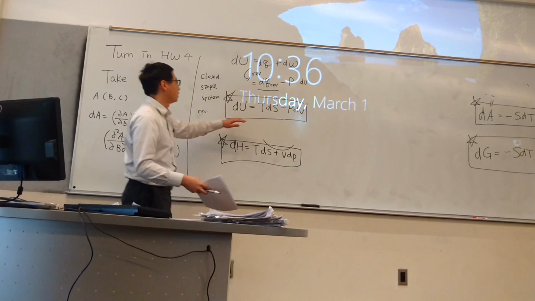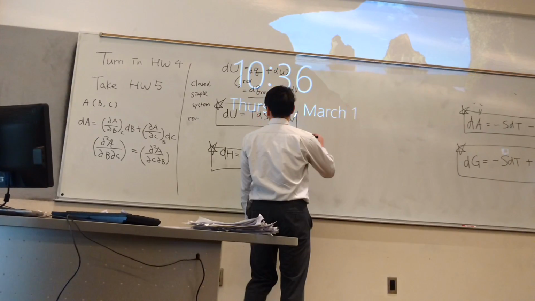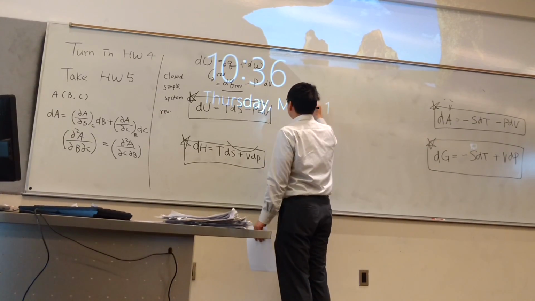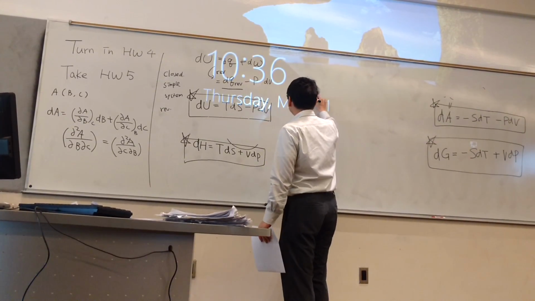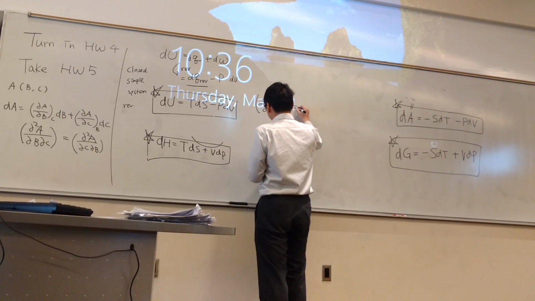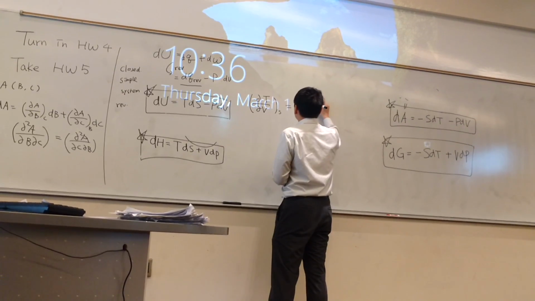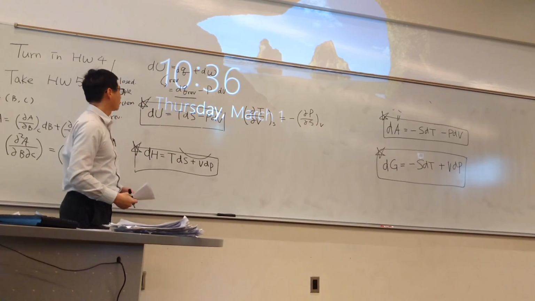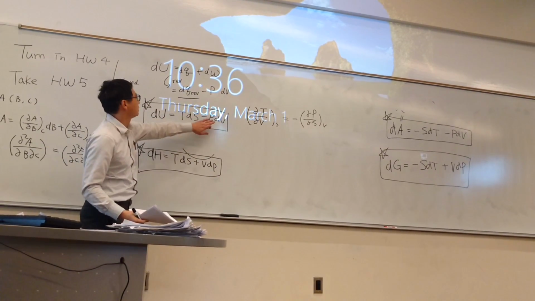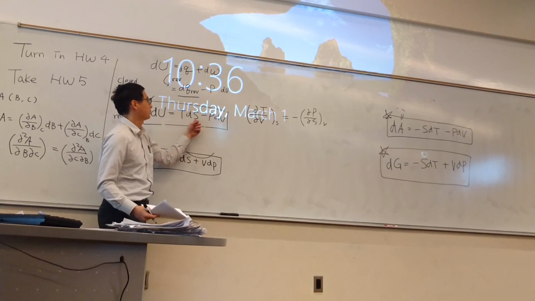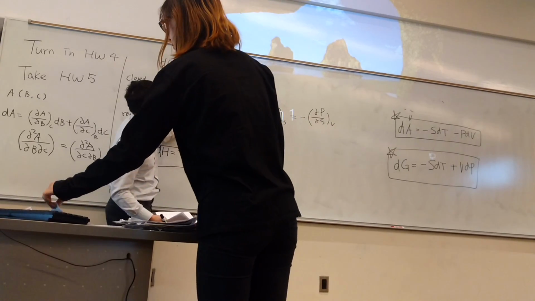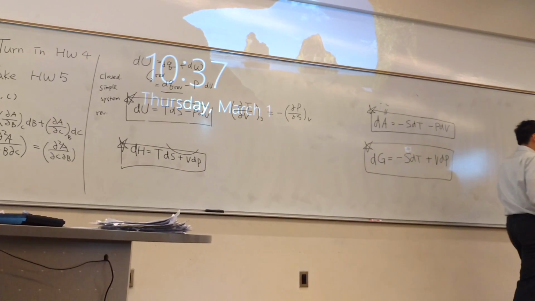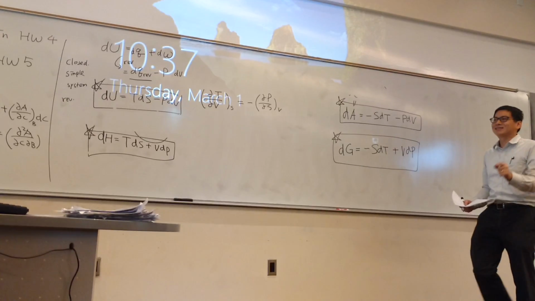Therefore here you will know T is partial U, partial S. So partial T, partial V at constant S is going to equal negative partial P, partial S at constant V. Basically this guy, you do a derivative against V under constant S, it's going to equal that guy, you do a derivative against S under constant V. So this is the first of your Maxwell equations, using the idea of exact differential.